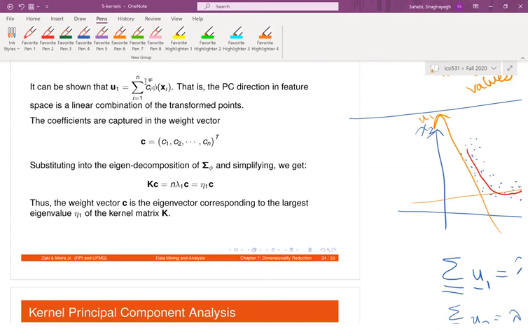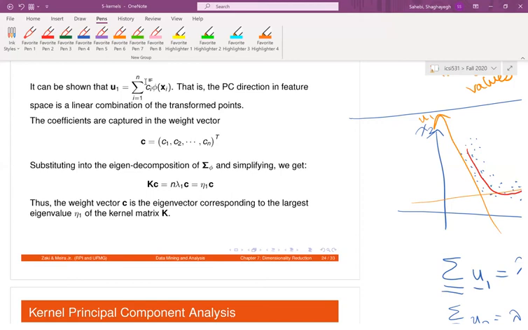So we did some more algebra, and we got to the formulation that the kernel matrix multiplied by the coefficient vector is equal to n lambda 1 multiplied by the coefficient vector. So from that, we can find the coefficient vector C and the lambda 1 scalar by eigenvalue eigenvector decomposition of the kernel matrix K.